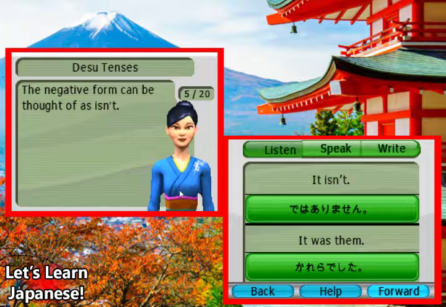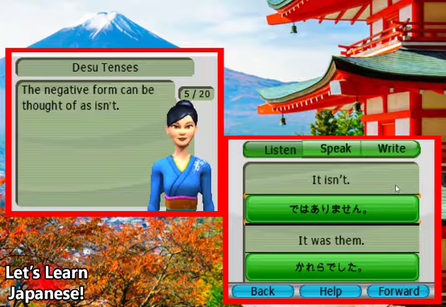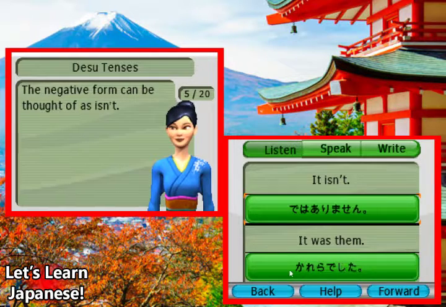So, she's not going to tell us what the negative form is, but I'm guessing this is the negative present tense. ではありません。 And this is 彼らでした。 Oh, this is, yeah, still a positive.